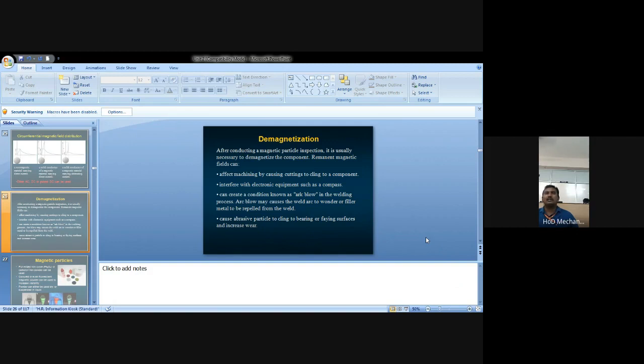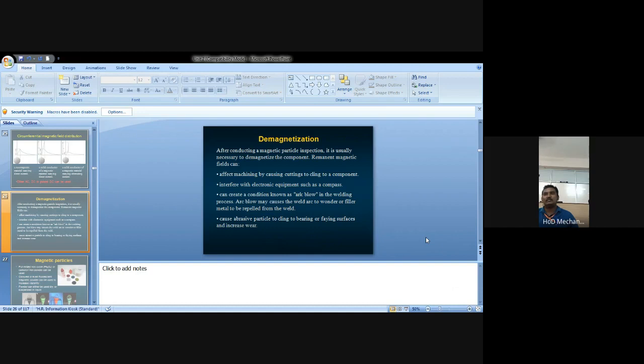At the time of contact, if the material has magnetic property, they will be sticking together. So it is a major problem for machining. So demagnetization is very important after the MPI testing or MPI inspection method.